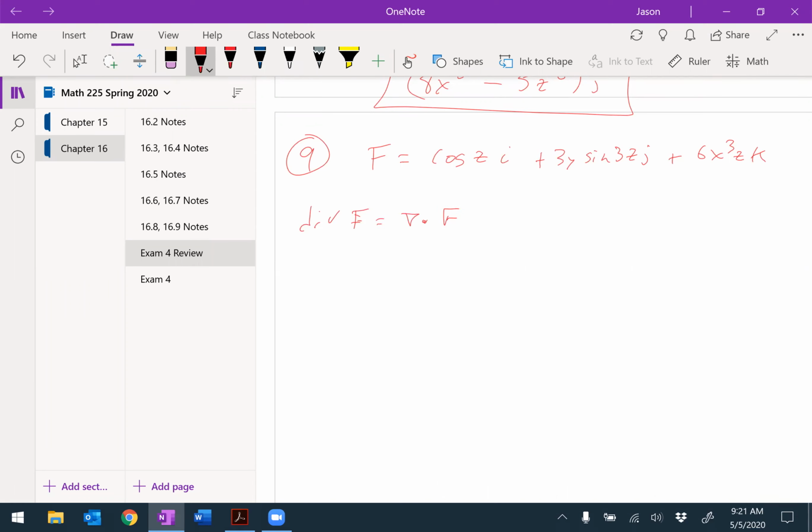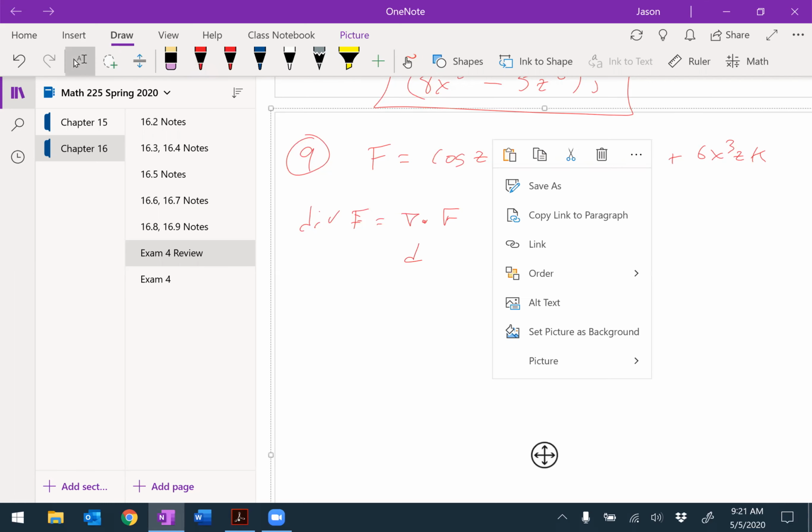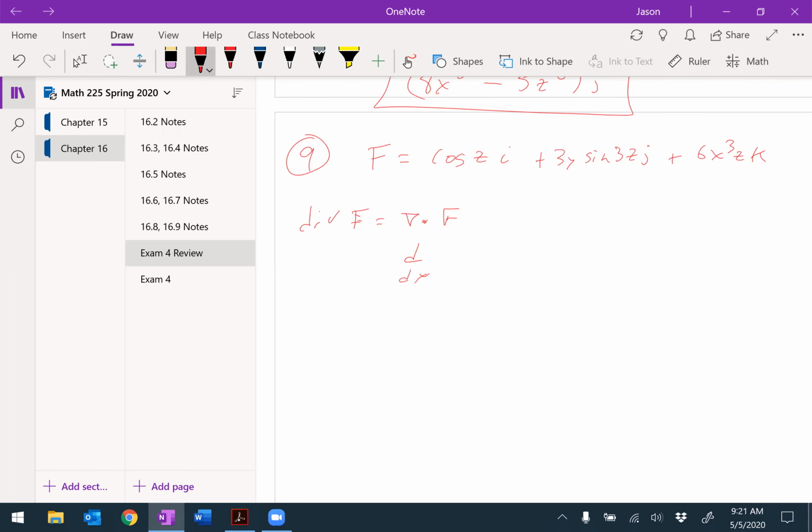So we want to take d dx of cosine z plus d dy, that's a partial, of 3y sine 3z, plus d dz of 6x cubed z.